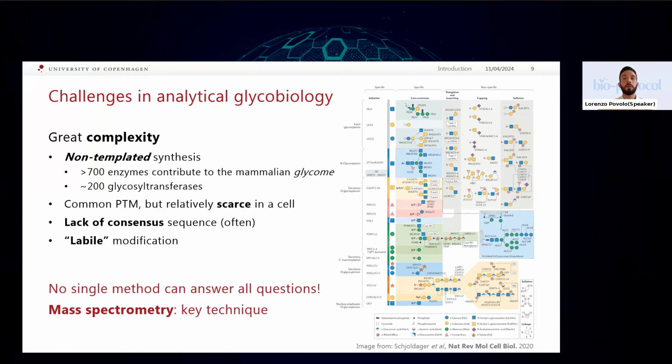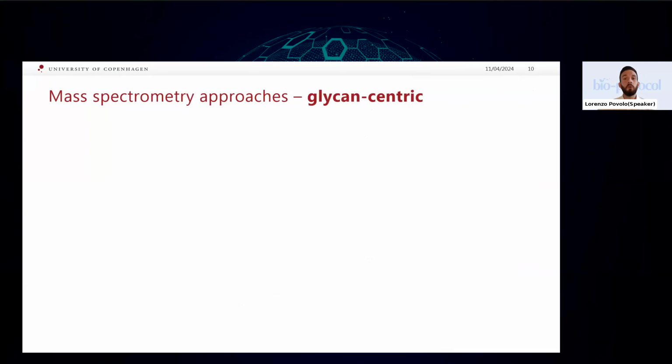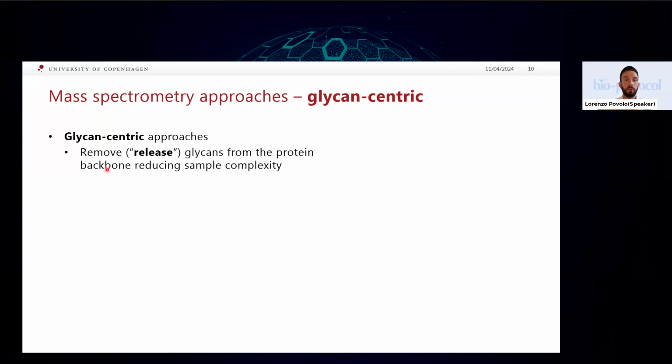A traditional approach, which I informally call glycan-centric, was characterized a couple of decades ago, at least, where glycans are removed from the protein backbone, or released in glycobiology terms, to reduce sample complexity and be able to study them independently from the protein backbone.